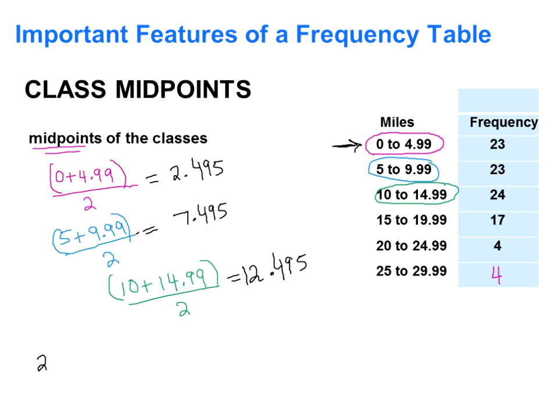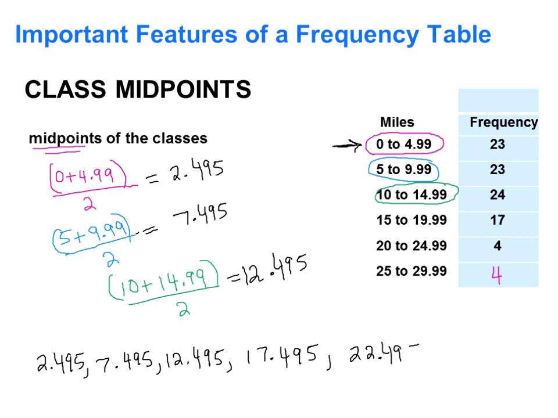All right, so I'm going to list my class midpoints. And if you notice what the difference is here, again, you add 5, then you just continue with that pattern.